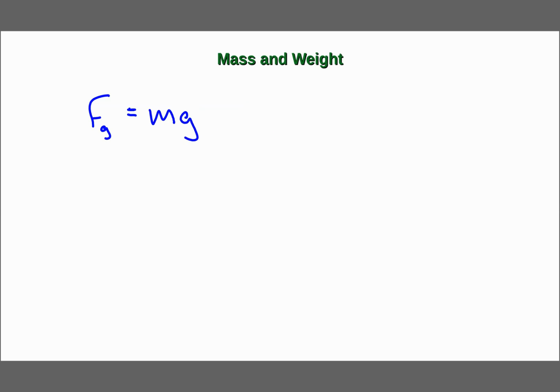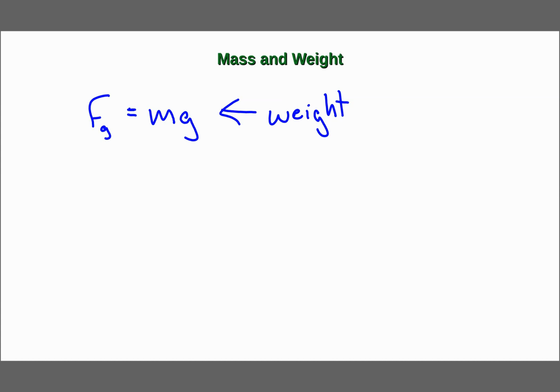This is an object's weight. It's the mass times the acceleration that comes from gravity. So an object's weight depends upon its mass. An object's mass is a measure of how much stuff there is. So we can measure an object's mass using its weight because we can measure the force of the attraction between the Earth and the object, and we know what the acceleration from gravity is.